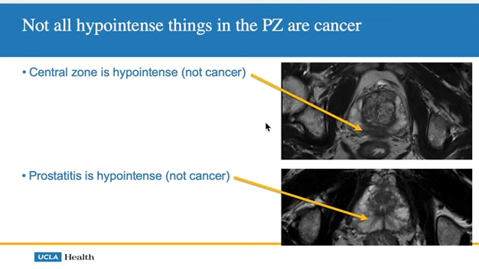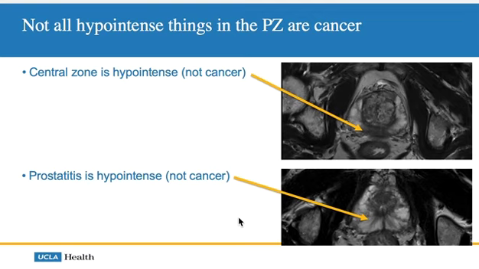And so that is a tip-off that this may not be a prostate cancer. It may just be normal central zone. And we'll talk further about how you can confirm or refute that using the other sequences. But if you see something in the midline of the prostate here in the central zone that is somewhat symmetrical, you should be potentially thinking that it may not be a cancer. It may be just normal central zone.